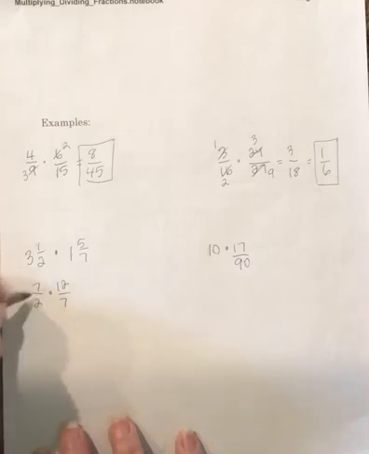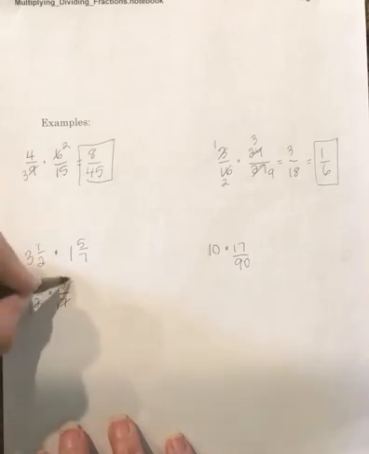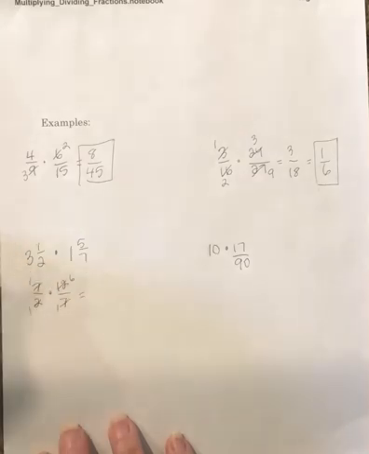Well, 7 and 7, they're going to totally cancel out. 2 and 12, my common factor is 2. So 2 divided by 2 is 1. 12 divided by 2 is 6. I multiply my numerator, 6. I multiply my denominator, it would be 1. I could write it 6 over 1. That's not going to be wrong, but I could just leave it as a 6.